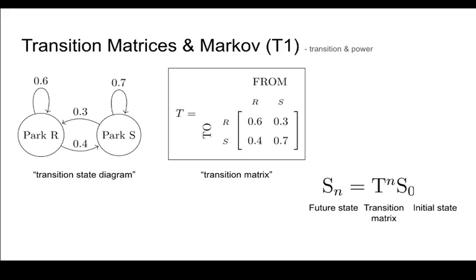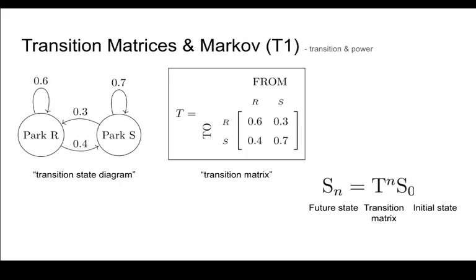So basically, a transition state diagram is that one picture where you draw the movement of every transition from one variable to another, or if there's 3 or 4 variables.